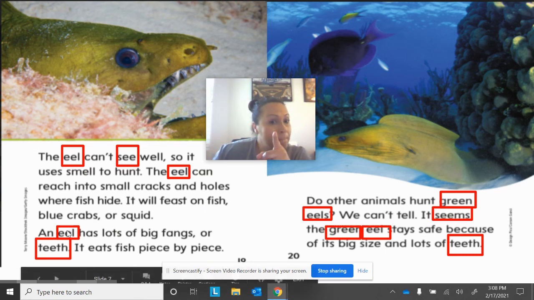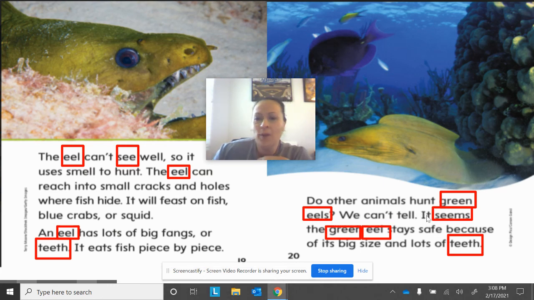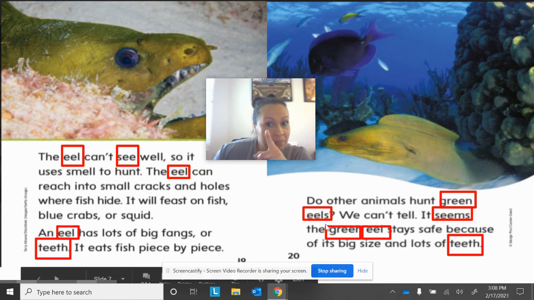An eel has lots of big fangs or teeth. It eats fish piece by piece. Do other animals hunt green eels? We can't tell. It seems the green eel stays safe because of its big size and lots of teeth.